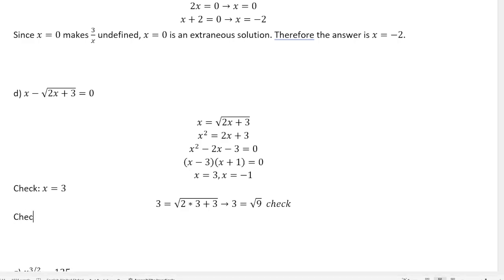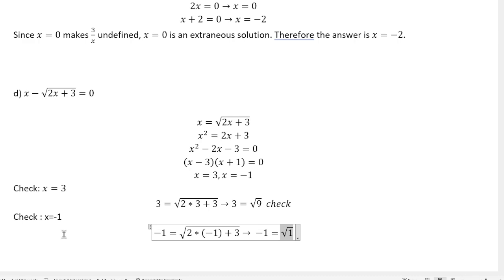Now let's check x equals negative 1. In such a case, you have negative 1 equals the square root of 2 times negative 1 plus 3, and that means negative 1 is equal to the square root of 1, but the square root of 1 is just 1, so this is saying negative 1 is equal to 1, which is not true.